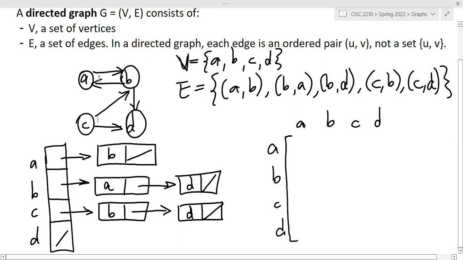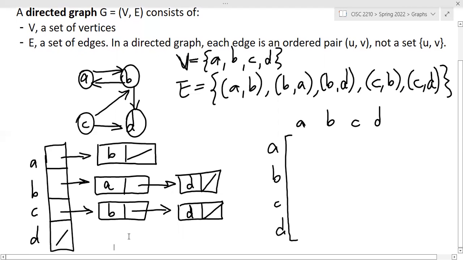So B points to A, B points to D, but B does not point to C, so we do not put C in this list. Moving on to C, C points to B and C points to D, so we have those two. There are some things that point to D, but D doesn't itself point to anything, so we leave this blank.